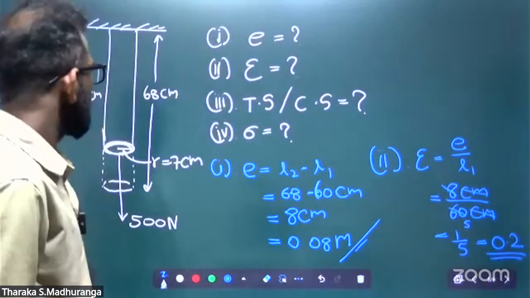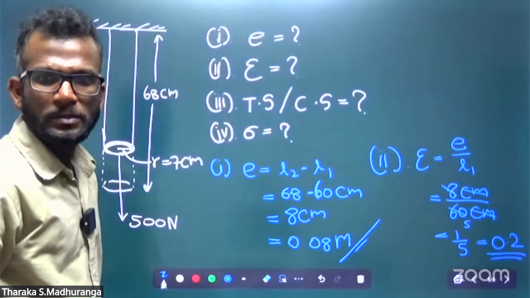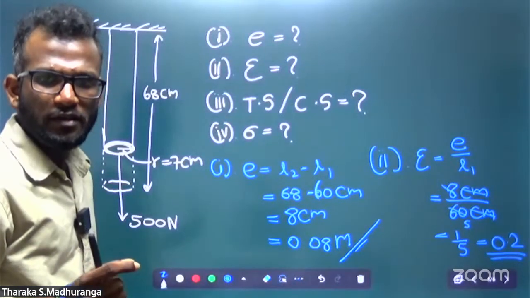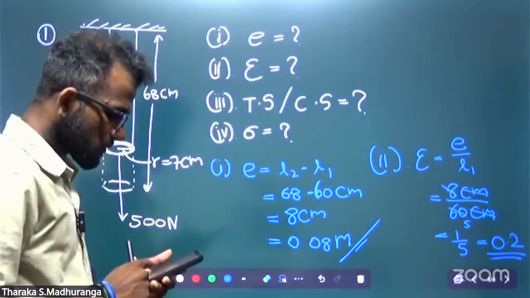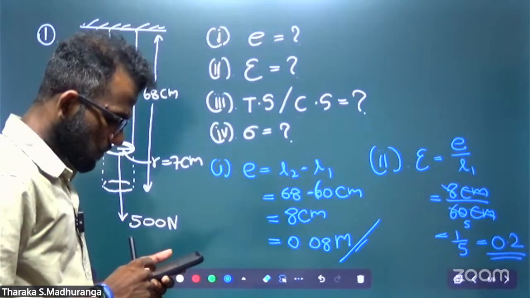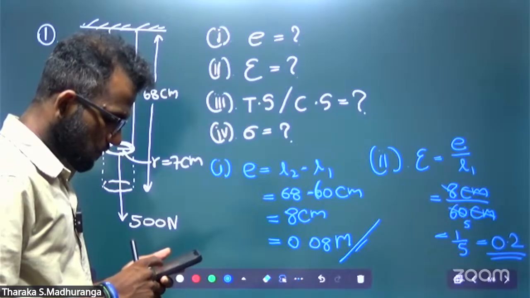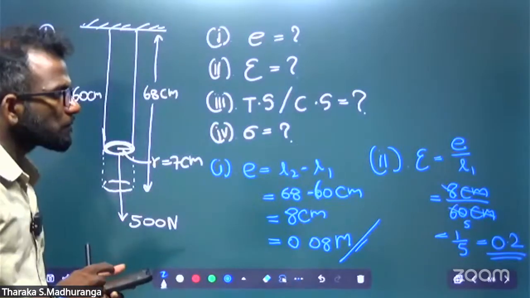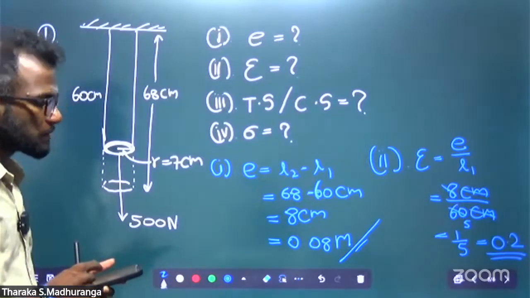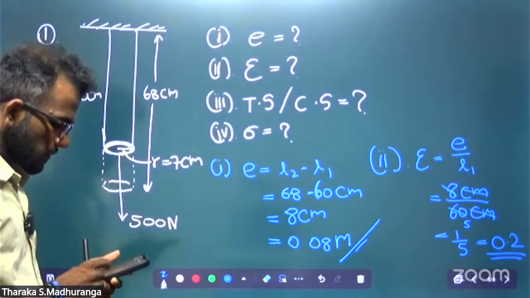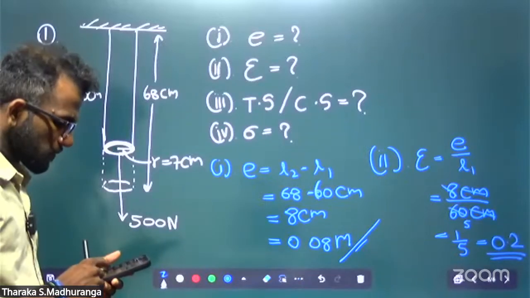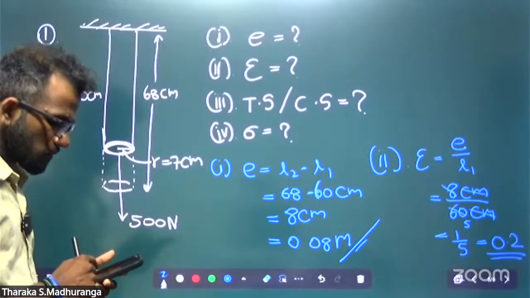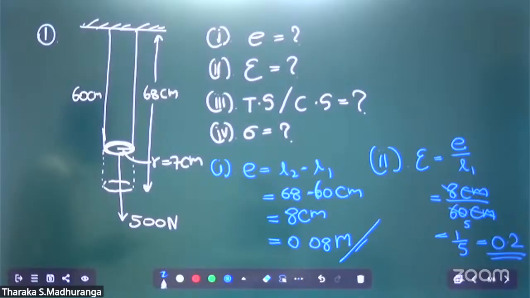You got 68. What mistake did you make? Kabir, what mistake did you make? I think my 8 into 5. Yeah, my mistake. Sorry.